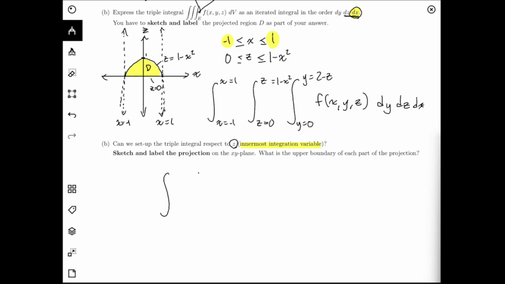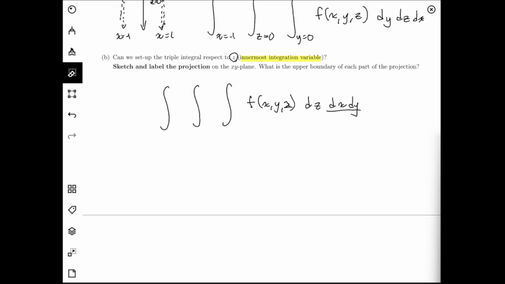And in this case, we have the integral of f(x, y, z) dz, and let's just say it goes dx, dy, right? So these are going to be where our projection is along the x and y.